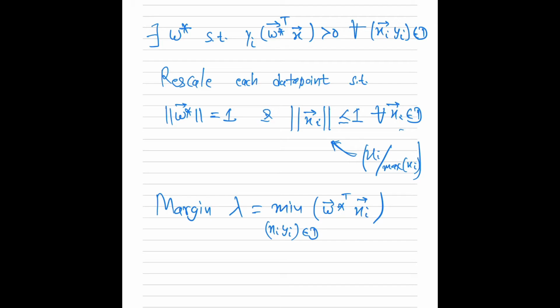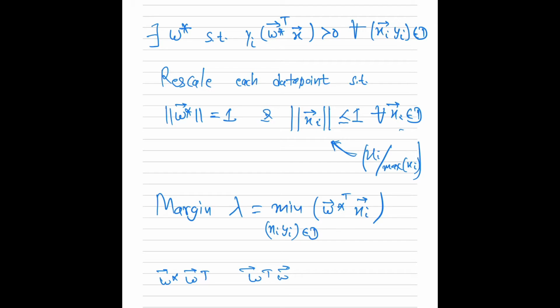To confirm this, we will show that w transpose w star increases, but at the same time w transpose w does not increase that rapidly. So the w vector tilts around and eventually they become very close.